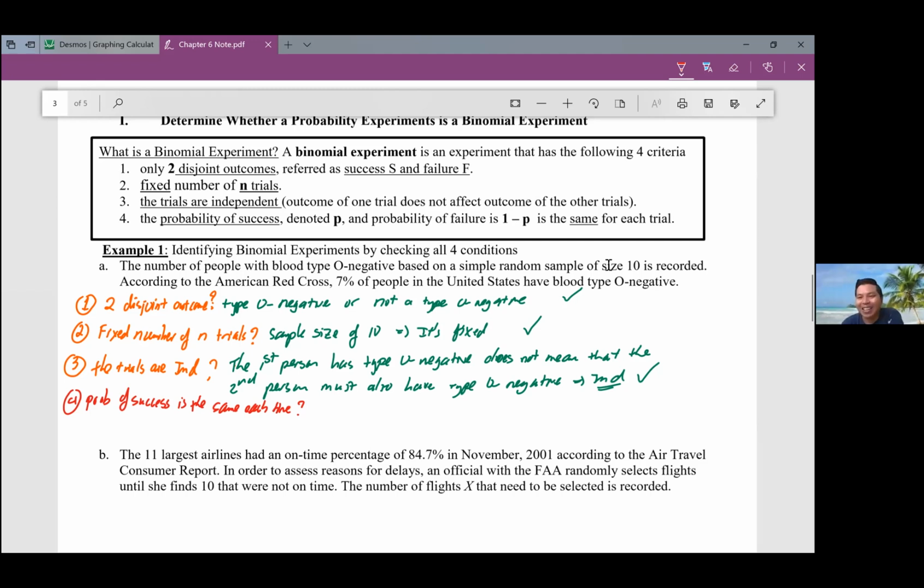That would not be fair because that would be convenience sampling. Does that make sense, guys? The answer is yes, because each person will have a 7% chance of type O negative.